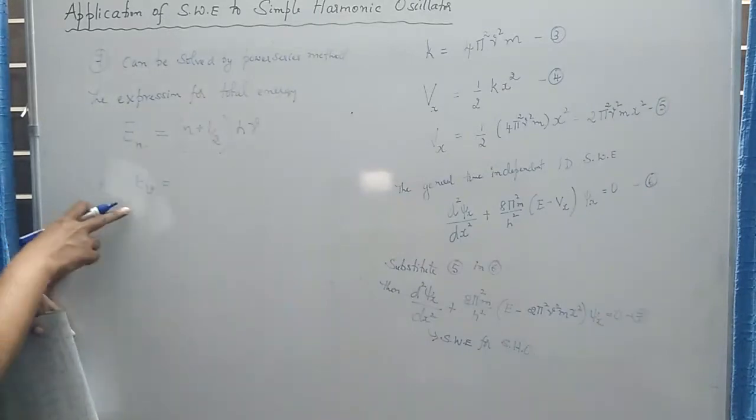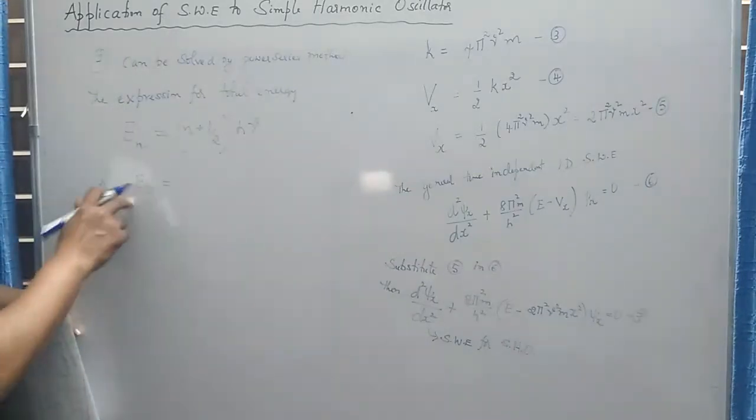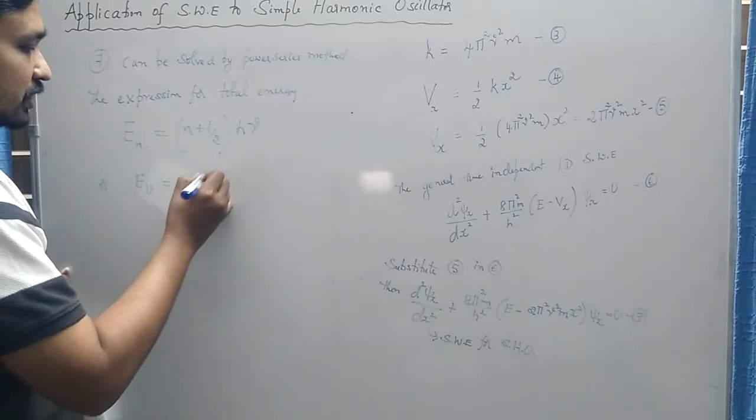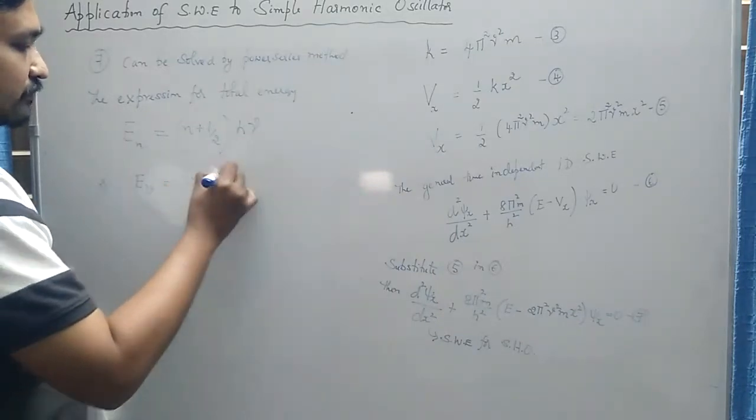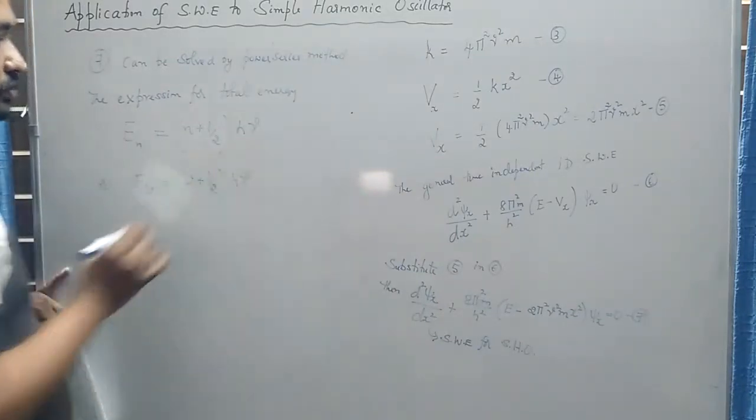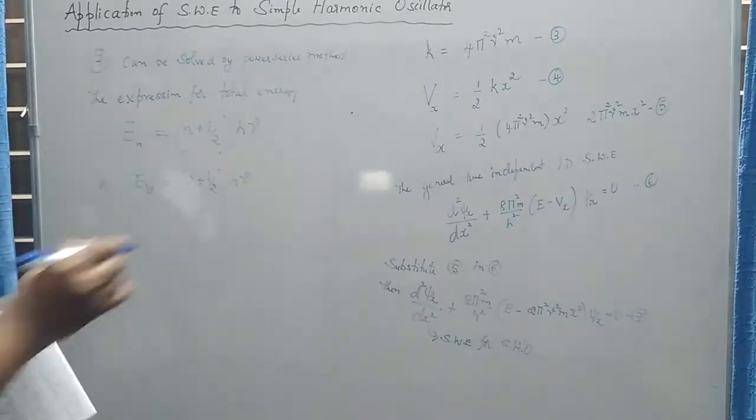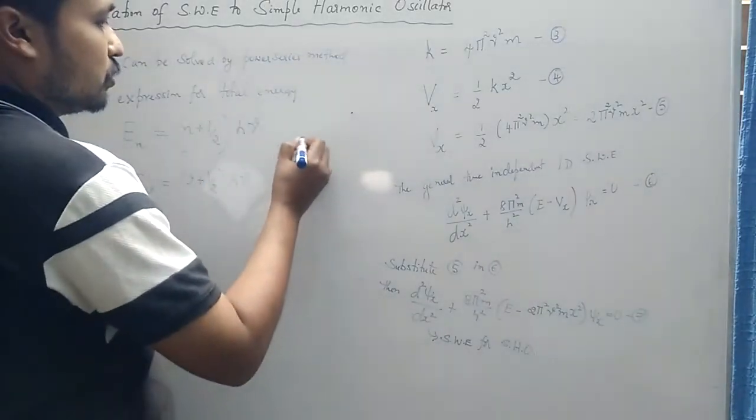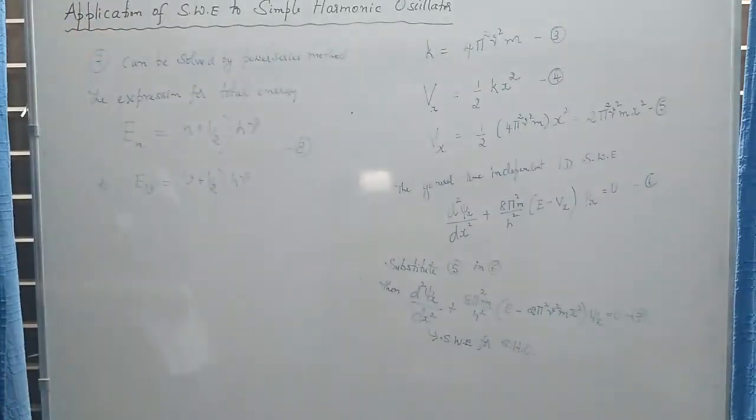This is a somewhat standard way of writing. Ev is equal to v plus half into h nu. This is the expression for the total energy of the simple harmonic oscillator, or the vibrational energy of a diatomic molecule such as HCl.